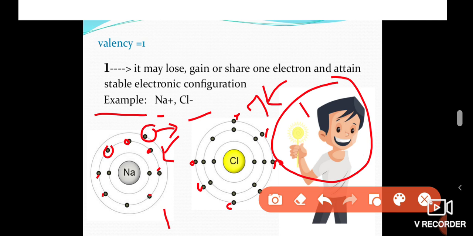How many electrons did it receive? Only 1 electron. That 1 is the combining power of chlorine. So the valency of chlorine is 1. Do you understand? Valency is a combining capacity, represented by numbers. That number denotes how many electrons are transferred or shared.